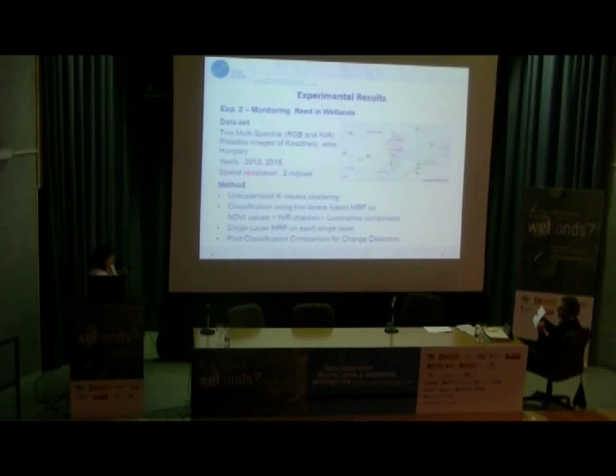We have two images from 2012 and 2015. The spatial resolution is 2 meters per pixel. In this experiment, we used unsupervised clustering first, and then as feature vectors, we used the NDVI values for two layers and the near-infrared channel and the luminance component.